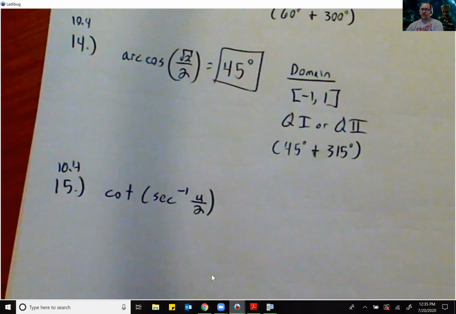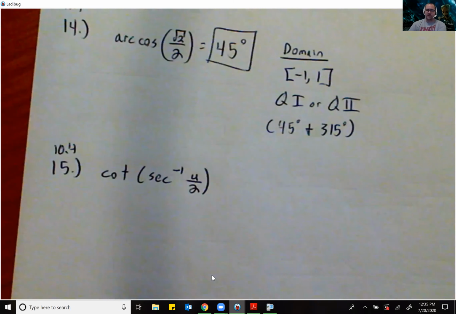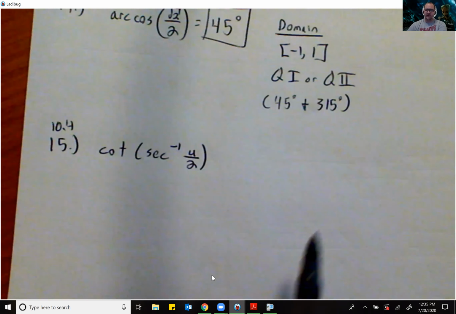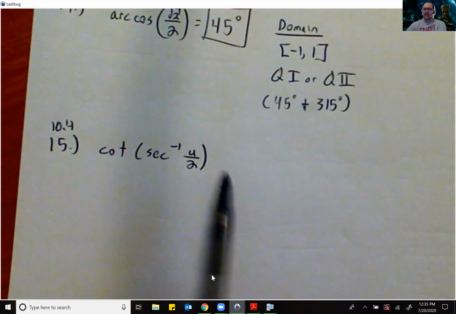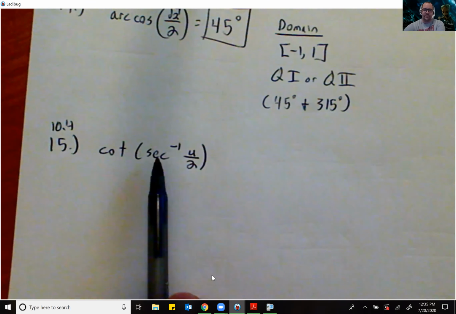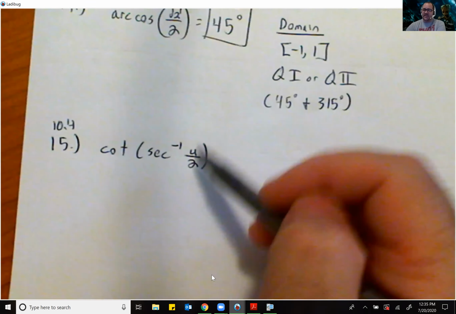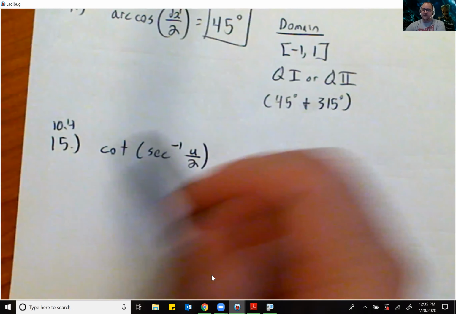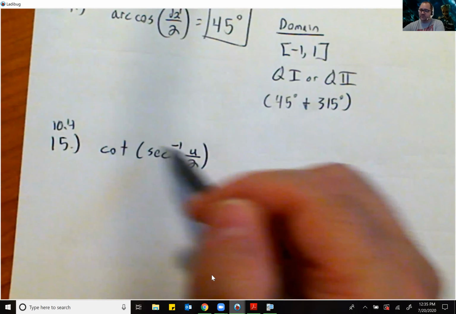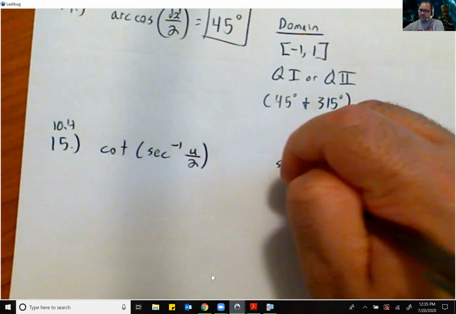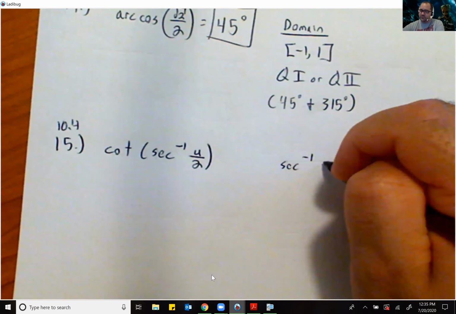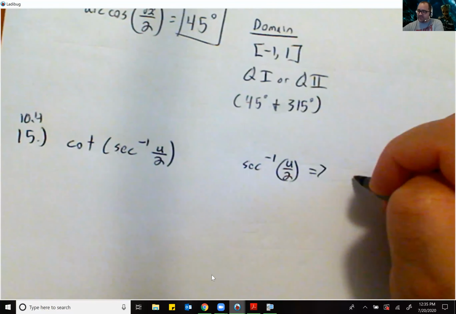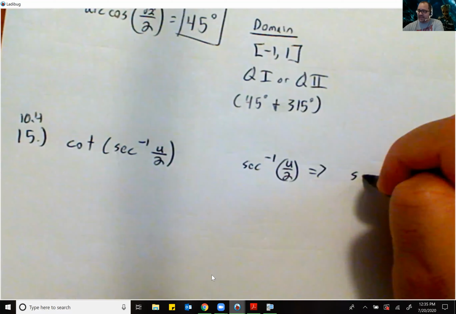All right, so here it is written down. Now, this one's a little different than probably what you might have experienced in your assignment. So in this case, we need to think about these in terms of triangles. Okay. Remember, this is an answer that you're trying to go backwards on. So another way of thinking about secant inverse u over 2 is to think of it in terms as, again, remember, this is the answer to what secant is.